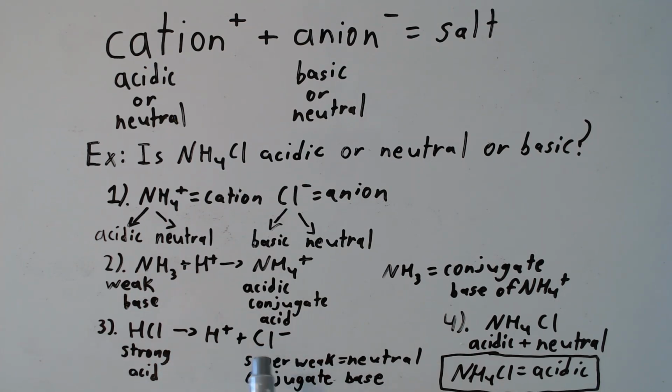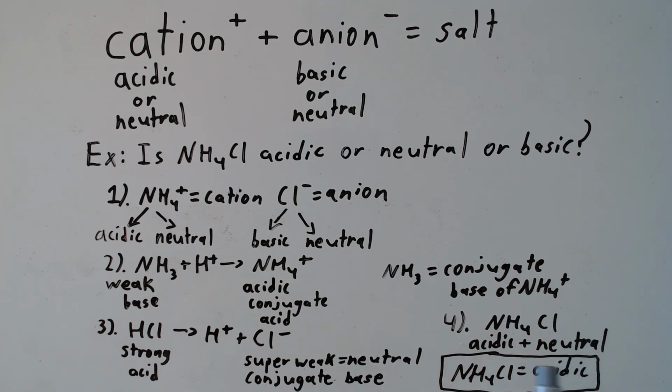So the Cl minus attracts very little H plus back, making it essentially a neutral substance, because this is such a strong acid. So if the conjugate acid is super strong, the conjugate base of that conjugate acid is super weak and therefore neutral.